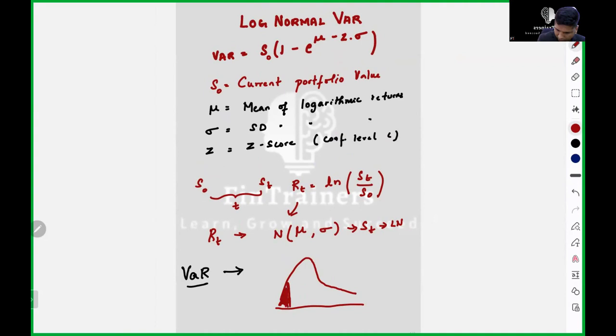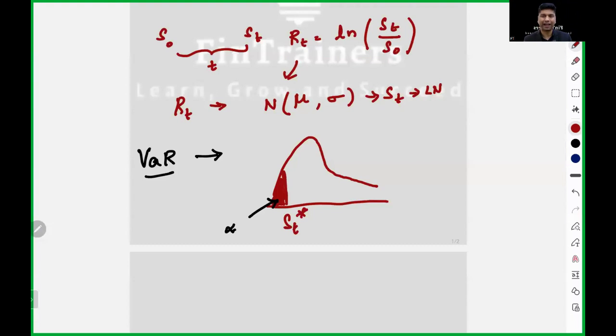What is this cutoff? What is the maximum loss? You can also think of VAR as the loss metric where, in the confidence zone, the loss is going to be less than the VAR. In the significance zone, let's say 5% is my significance, in that 5%, the loss is going to be more than the VAR, right?